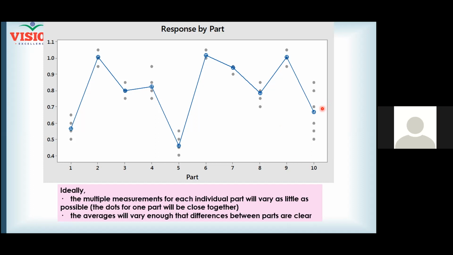If all of them are measuring in the same way, all the points will pile up one over the other. If pile up happens, then it is the best reproducible measurement system. If instead of pile up, it spreads, then reproducibility is getting affected. So you lose your reproducibility particularly while measuring part number 10.